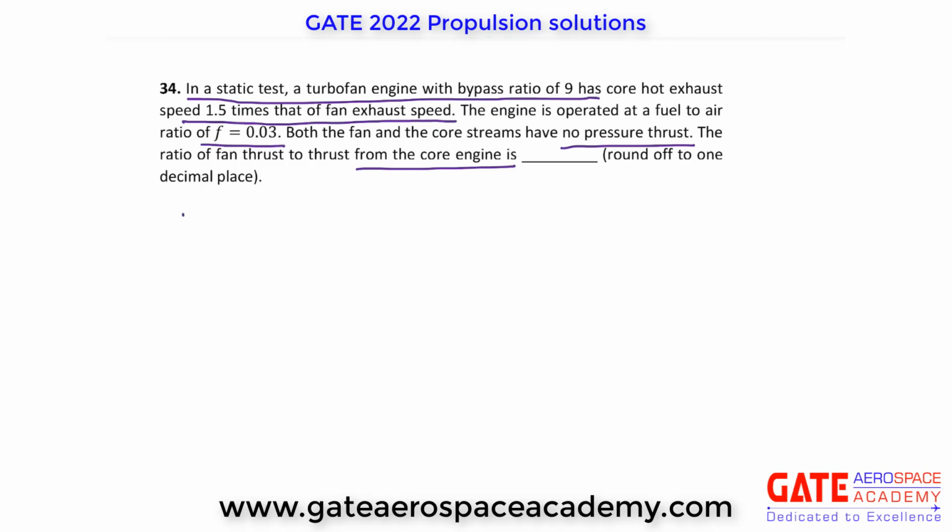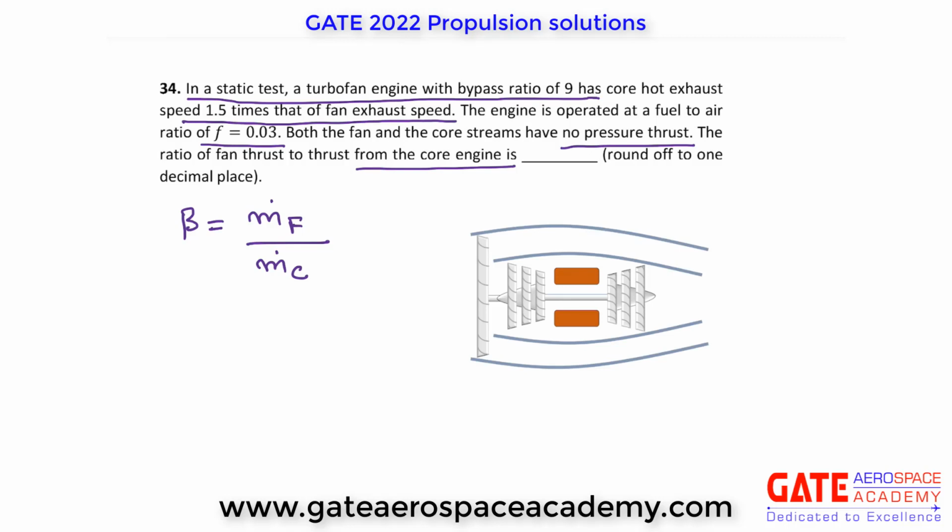So they have given bypass ratio, that is beta. We know that it is the ratio of mass flow rate through fan duct and mass flow rate through core engine. So from this side, total mass flow rate, let's say it is m dot A. Now through the fan duct, it is m dot capital F, and through the core engine, which will take part in the combustion, that is m dot core, right?